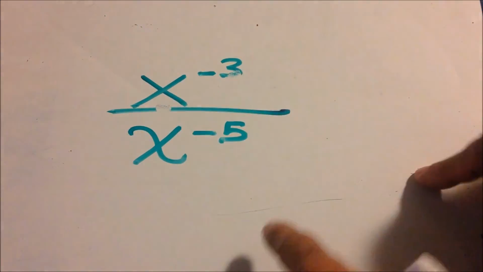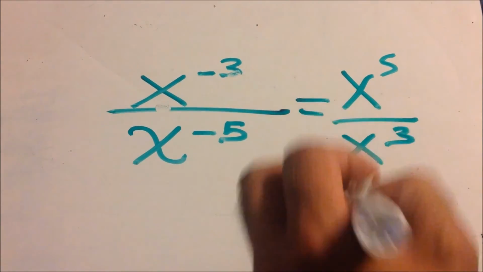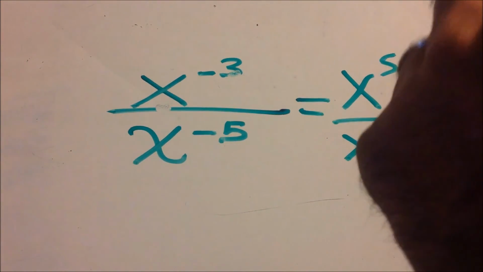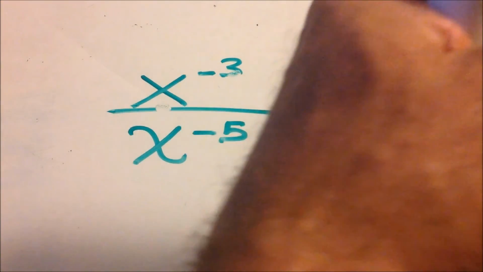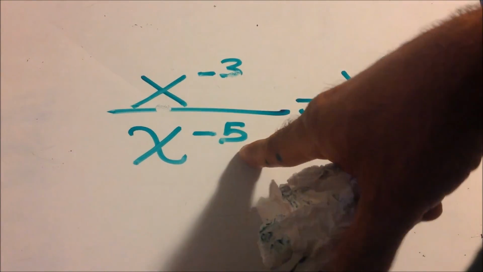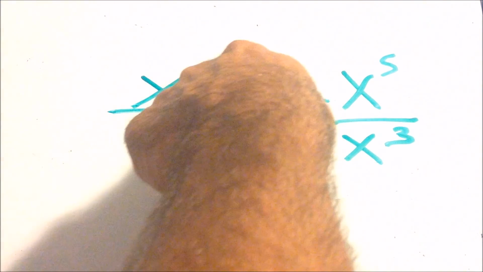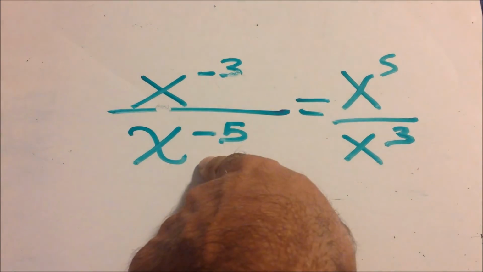So they have to flip. So anytime you see a negative exponent, put it in the opposite area of the fraction. Since it's negative in the denominator, you're going to bring it up to the numerator and make it positive. If it's negative in the numerator, bring it down to the denominator.